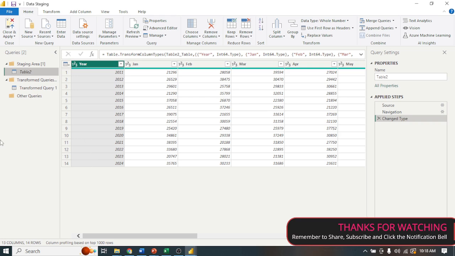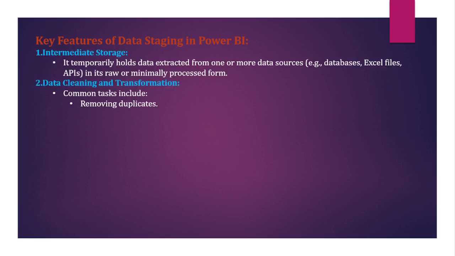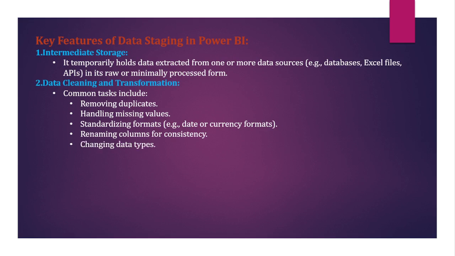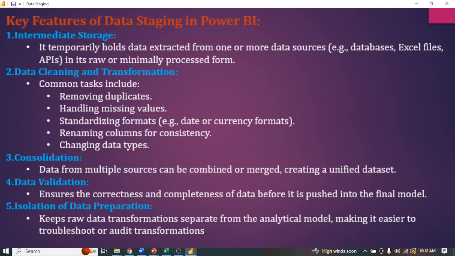So the main key features of the staging area is that it is an intermediate storage. So we store the raw data before we transform. We also use it for data cleaning and transformation. So we can have an extract of the original data, and then we transform and clean before we use it for data analysis.